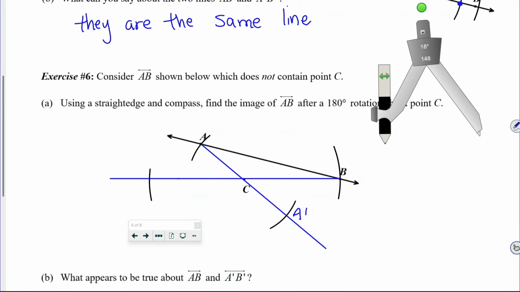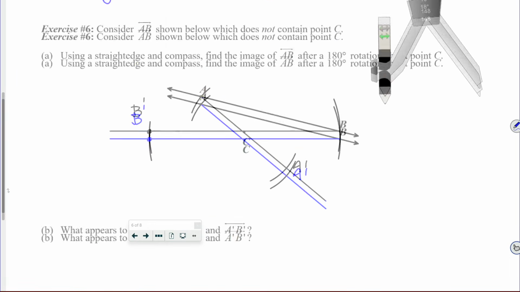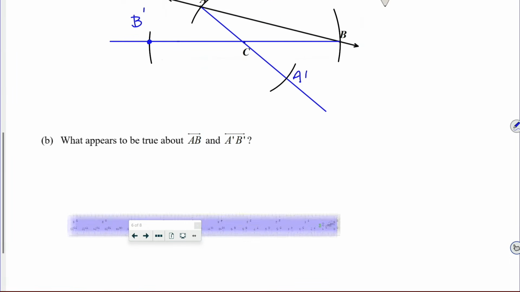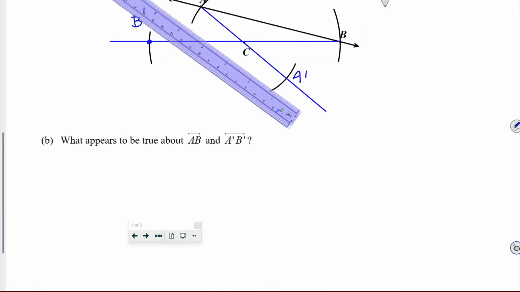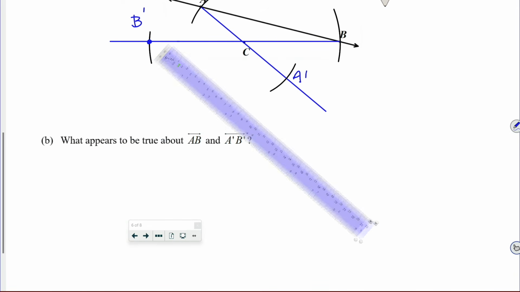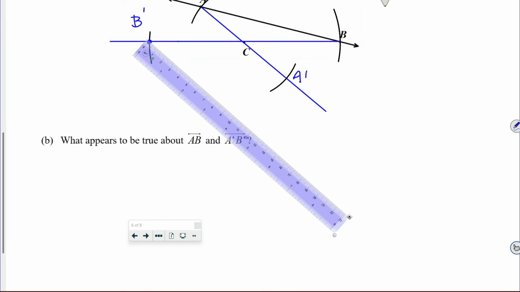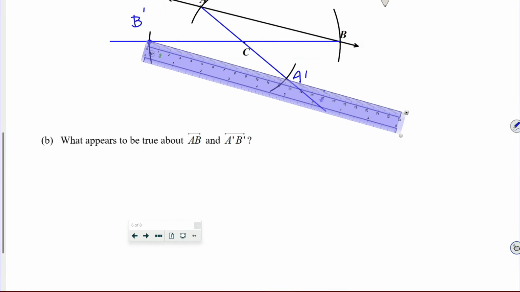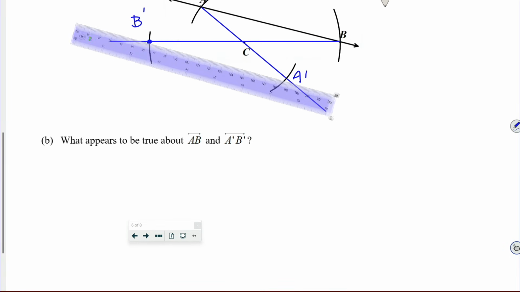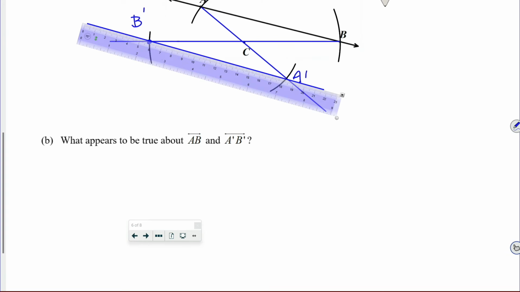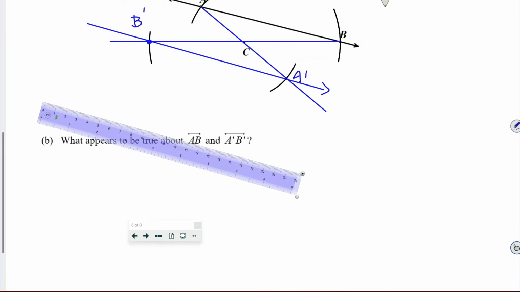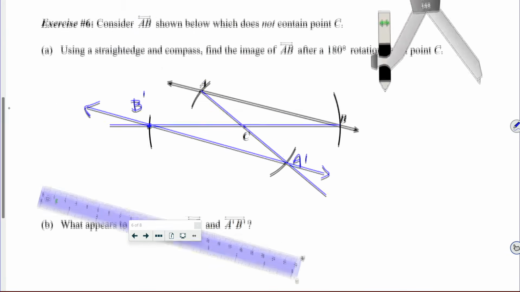There it is. That is one thing I like about the electronic compass, I can flip it very quickly. B prime, and finally, after all of that, I can draw line B prime, A prime. There it is. There is line A prime, B prime.